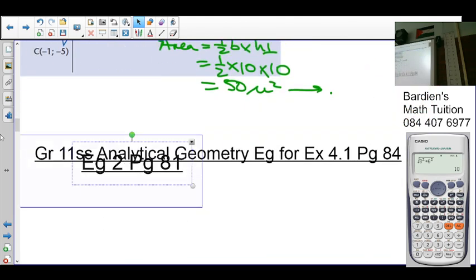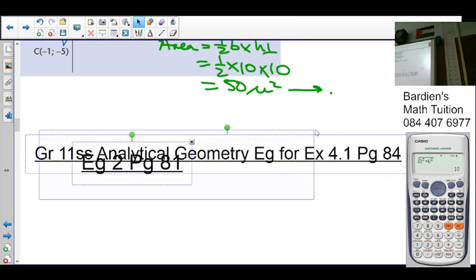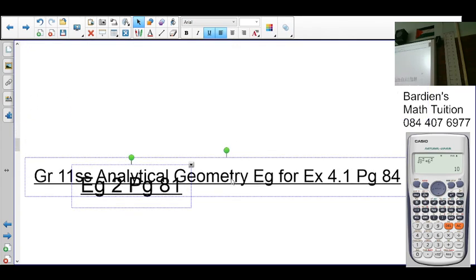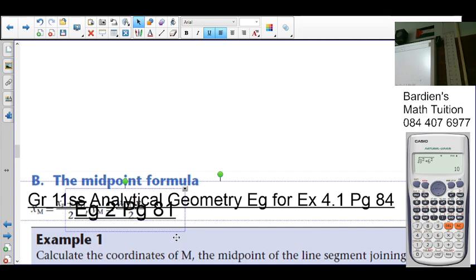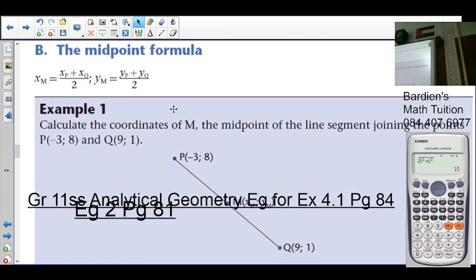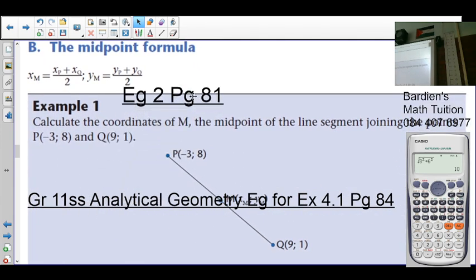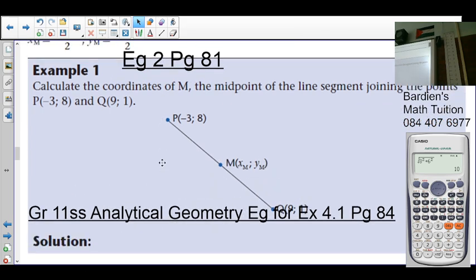Let's look at example 3. This is again like example 1, but it's dealing now with the midpoint. Which page is this on? 82.